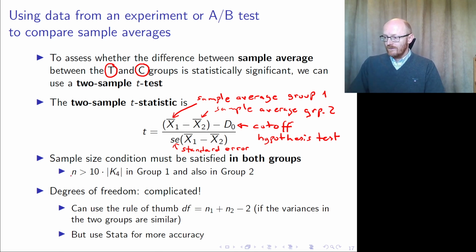If the sample size n1 is greater than 10 times the kurtosis from group 1, so you take the whole sample, calculate the kurtosis of that sample of the x, and take the absolute value of the kurtosis times 10, and the sample size in group 1 is greater than that number, then you have a large enough sample size.